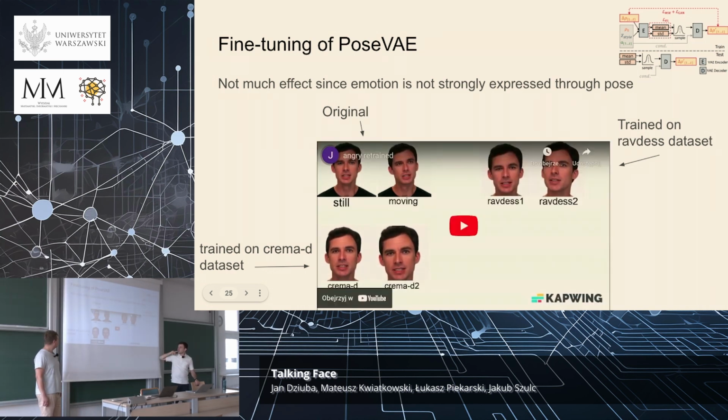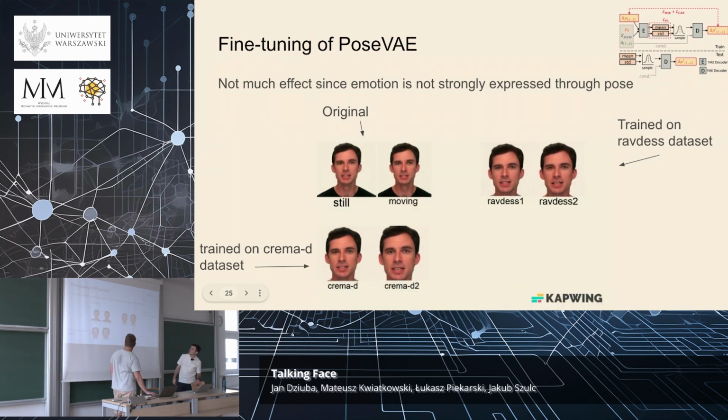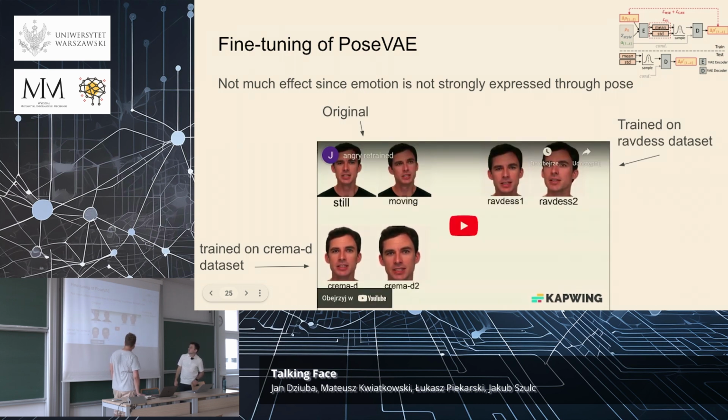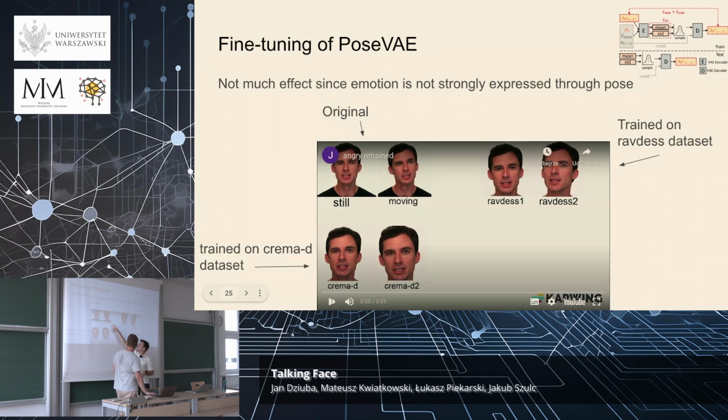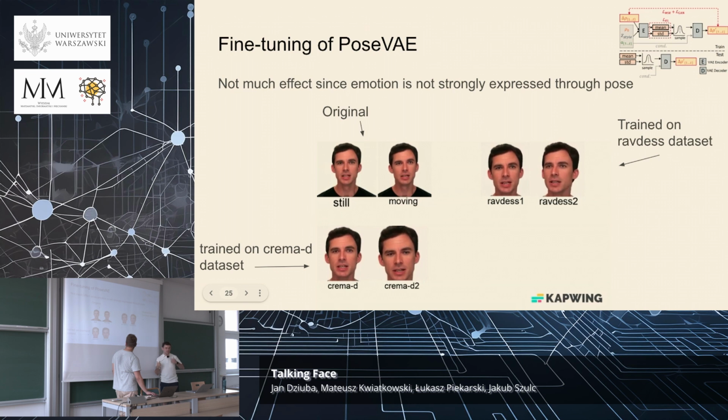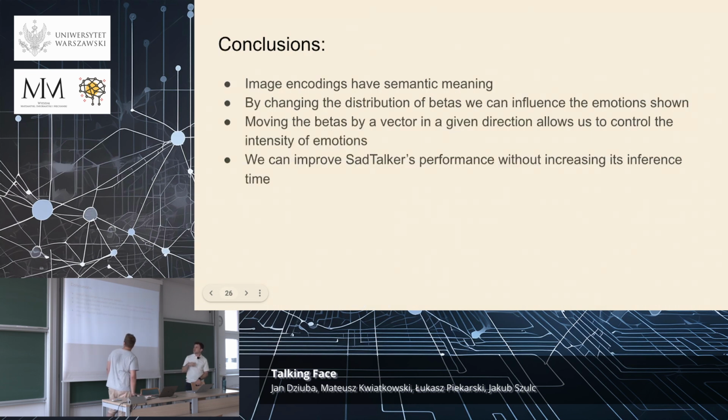You can see that the motions are not that prominent, but they are, I'd say, more natural. Especially when the head is moving for the original SadTalker, those movements don't look natural.